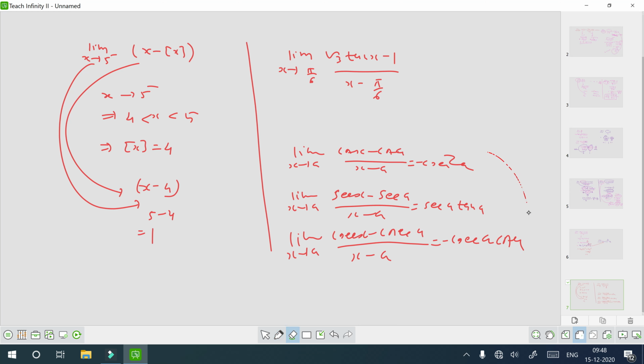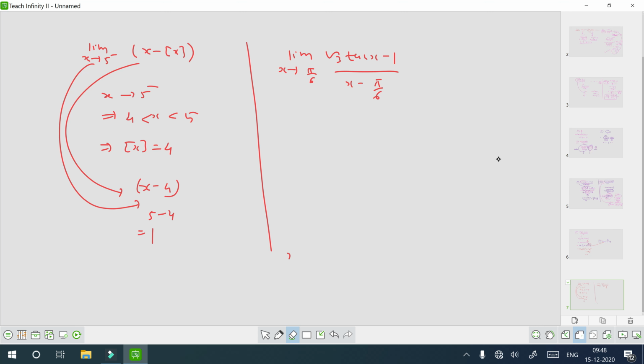According to those standard forms, first of all what we need to do is take root 3 common. So limit x tends to pi by 6, root 3 into (tan x minus 1 upon root 3) over x minus pi by 6. Yes or no? There is no need to write limit.